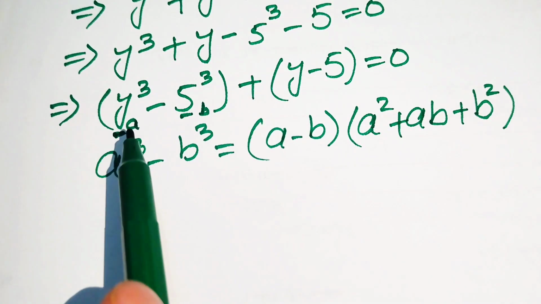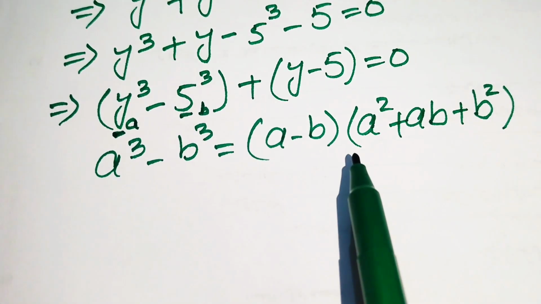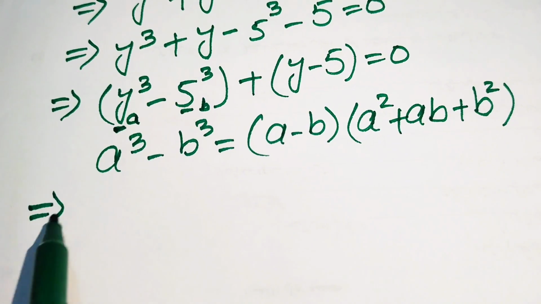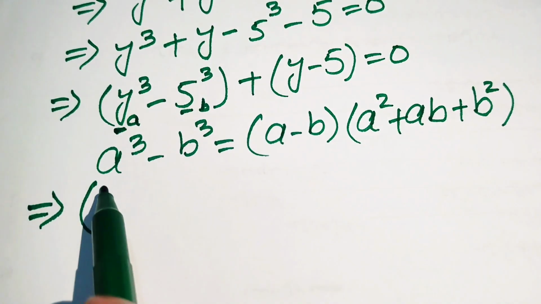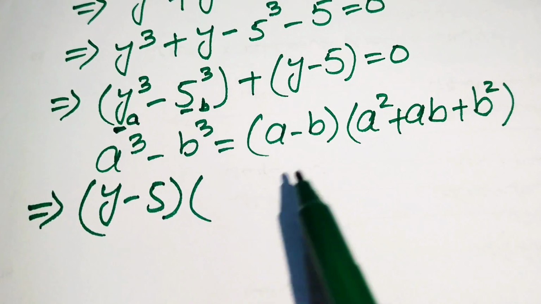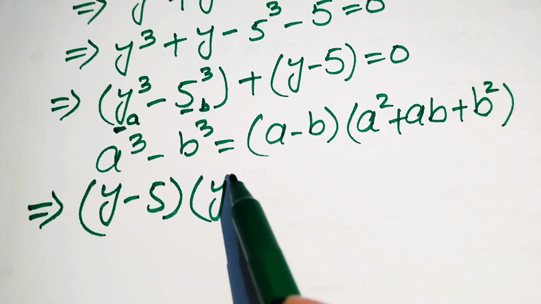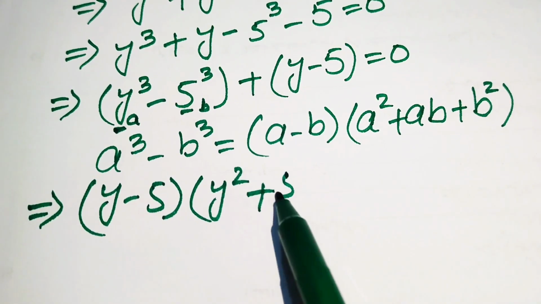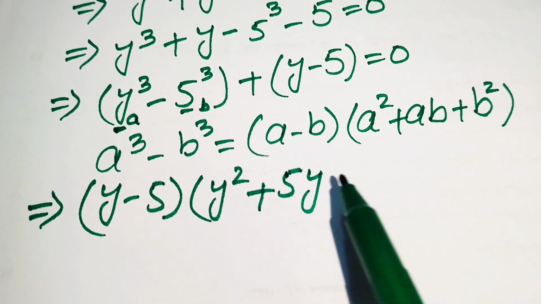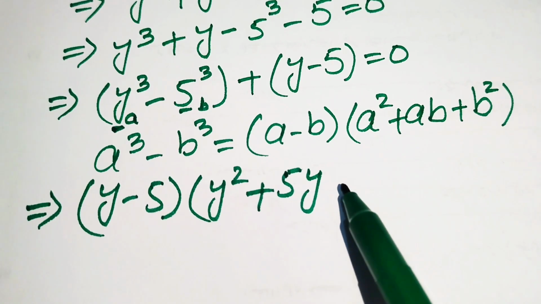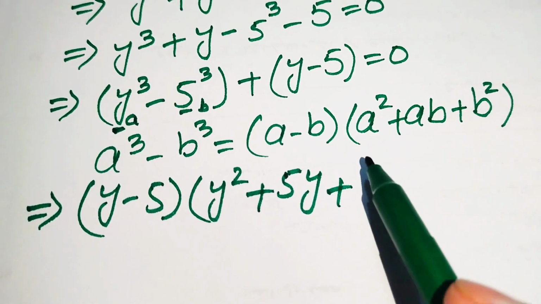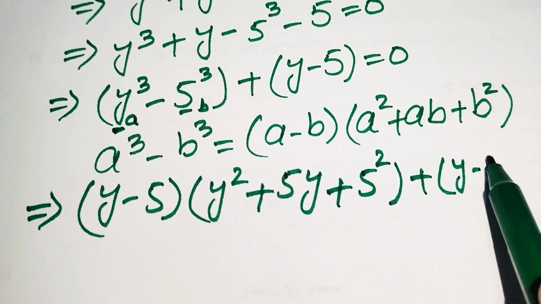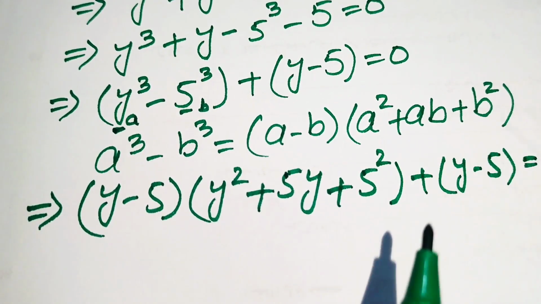So we substitute a equals y and b equals 5 in this formula, and it will be written as a minus b, so we have y minus 5 into a square, where a is y, so it becomes y square, and ab, where b is 5 and a is y, so we write 5y, plus b square, so 5 square, and plus y minus 5 equals 0.